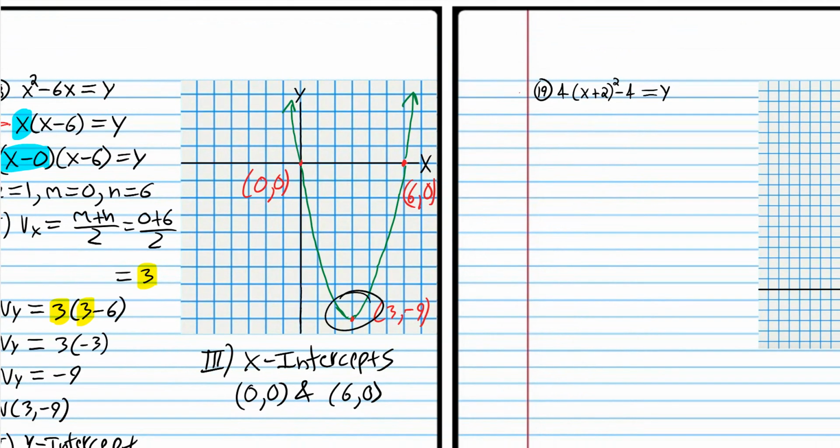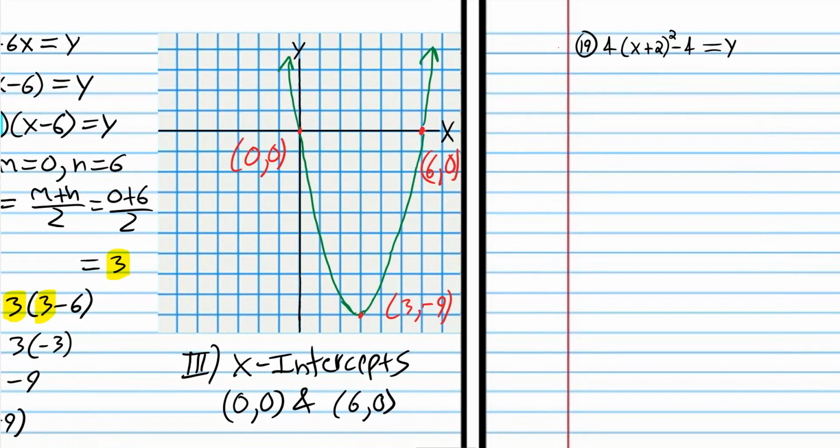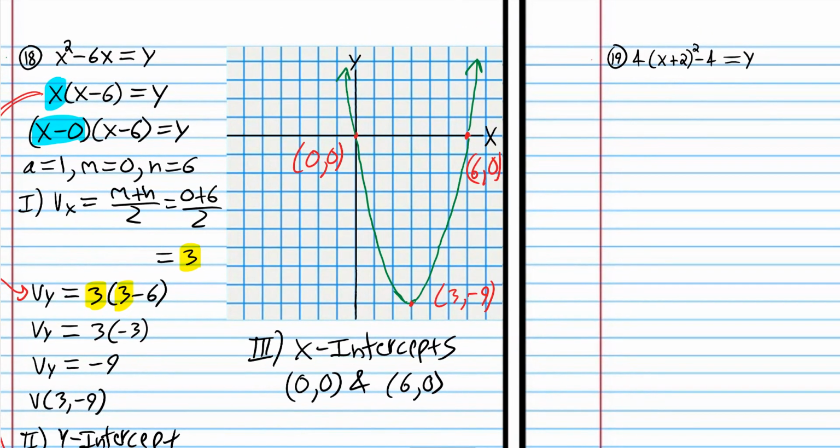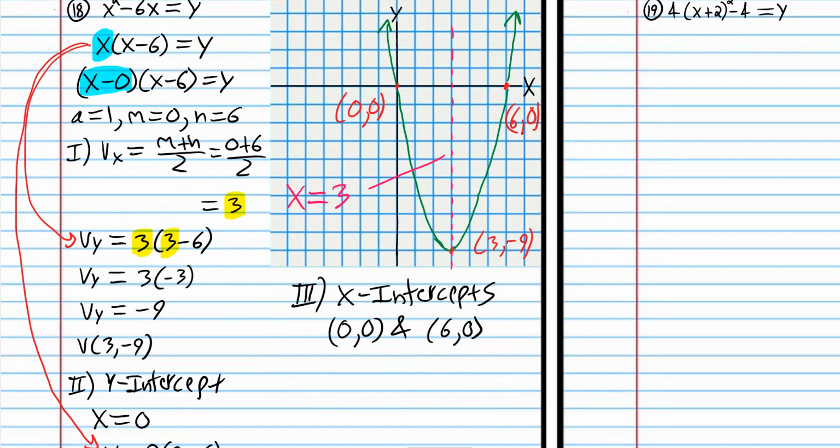Again, this is supposed to be a little more rounded, but my parabolas look a little bit too much like V's, but you get the point. Now we're going to draw the line of symmetry and the equation of the line of symmetry, and there you go.